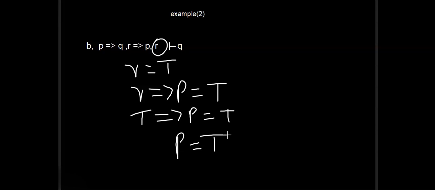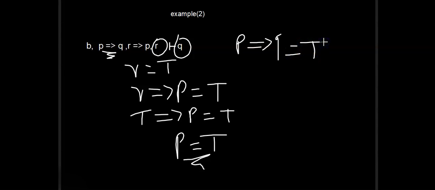Now, this is not the thing that they wanted us to find, because they say that we gotta find this Q value. So for that reason, we also got another statement over here. So let me write this statement. It says that P implies Q. So P implies Q is also true, because this is also my principle.